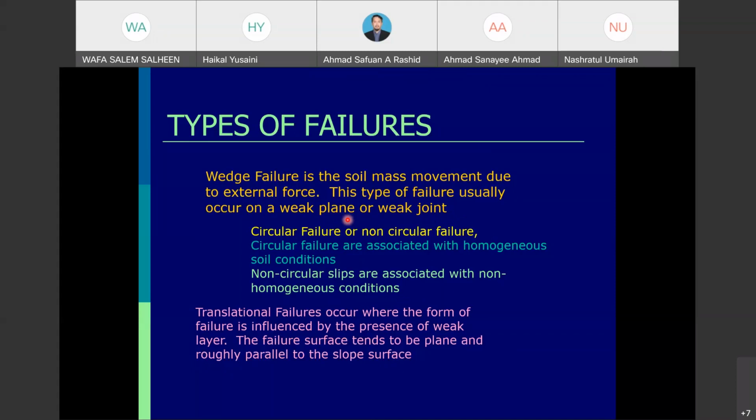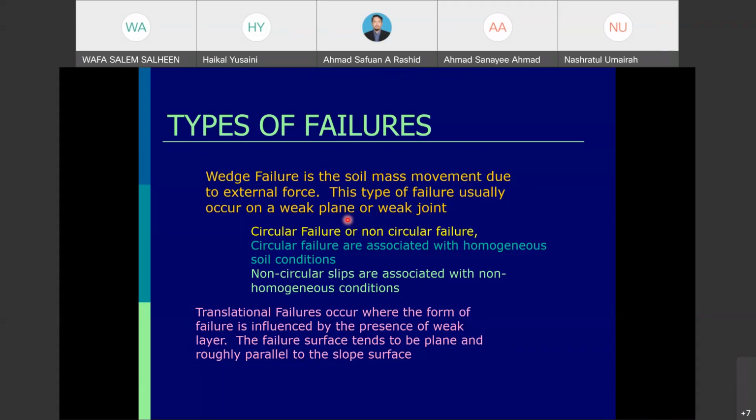The second one is circular failure or non-circular failure, which is more related to soil slopes. Circular failure is associated with homogeneous soil conditions, where the soil is of a similar type, while non-circular slip is associated with non-homogeneous conditions, where the soil has multiple layers.